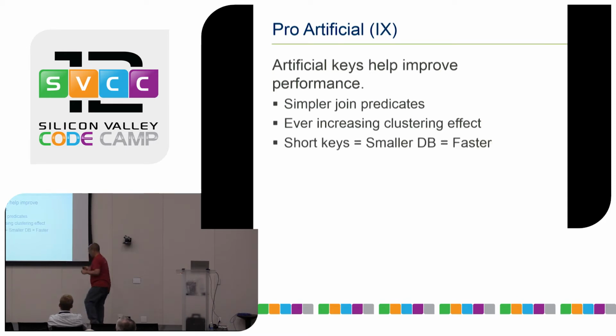However, that's not necessarily a good thing, and we'll see that in a minute. Another claim I hear is that artificial keys are usually shorter, which means a smaller database, which means faster response time. We'll debunk that in a minute.